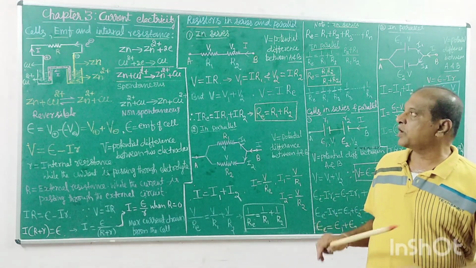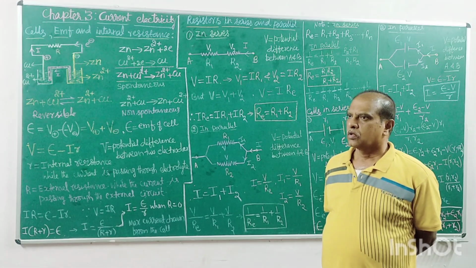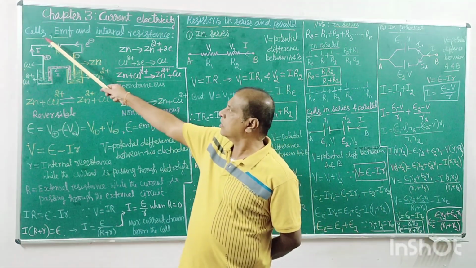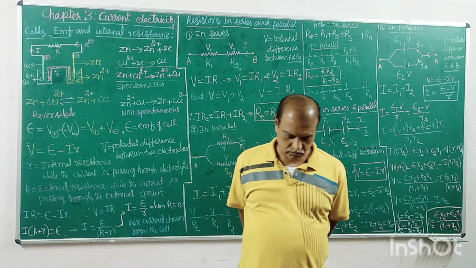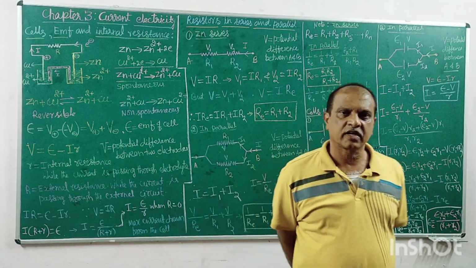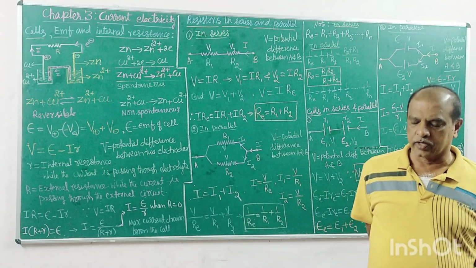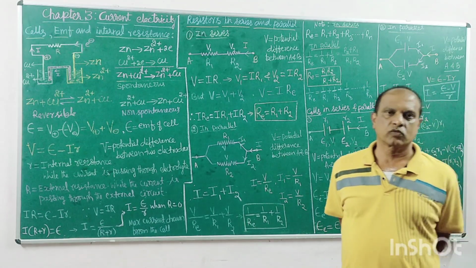There are two types of cells. Those cells are electrovoltaic cells or electrogalvanic cells, where electric energy is produced by the chemical reaction.